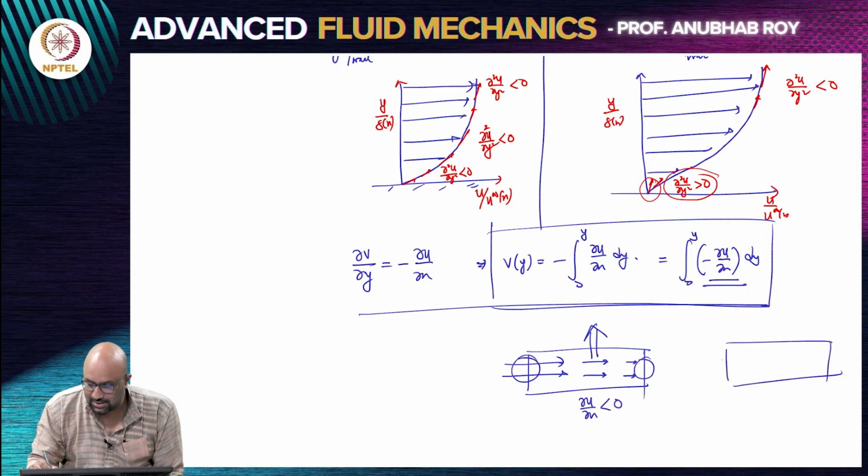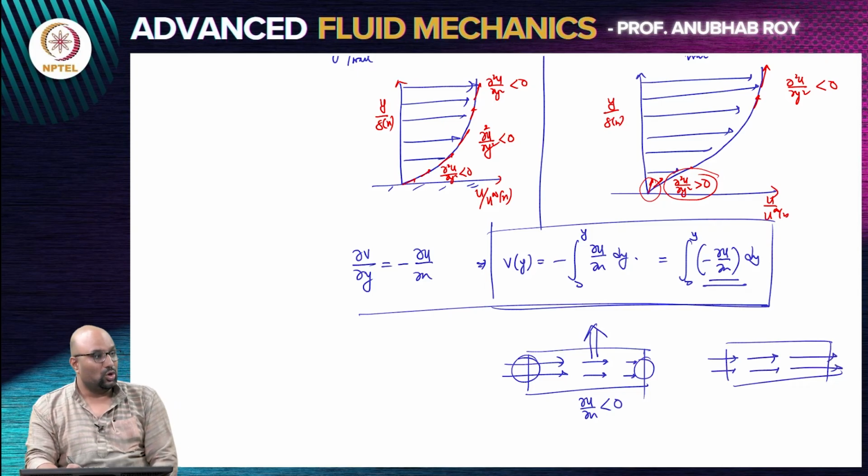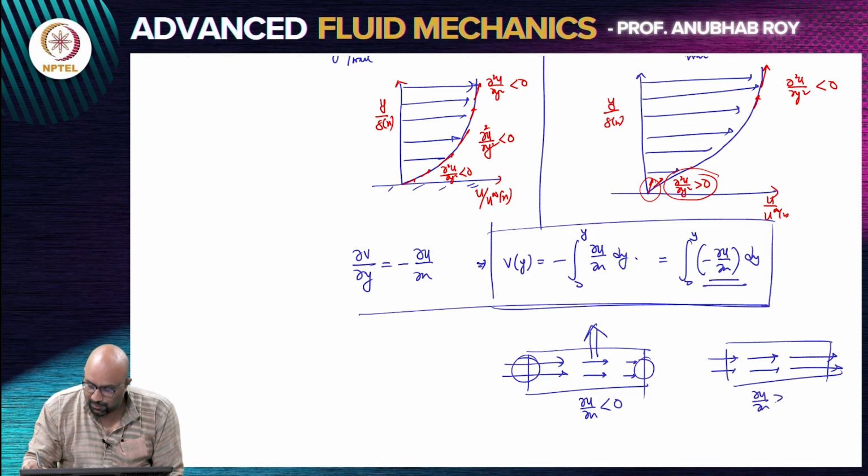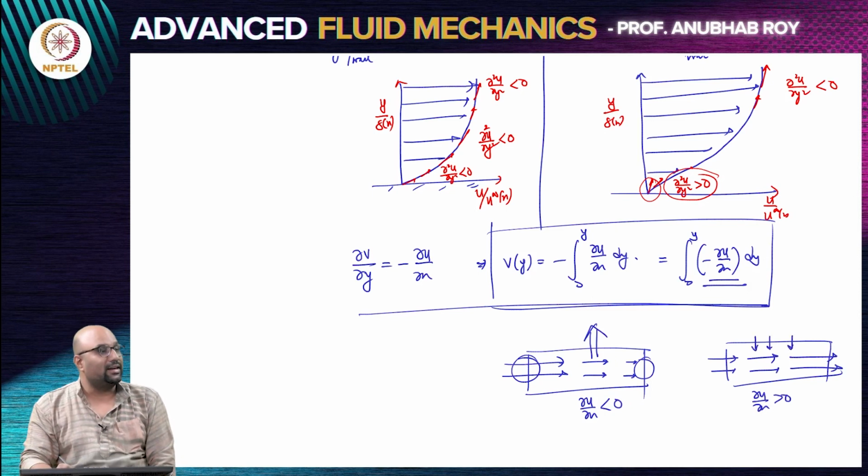In contrast, if you have the streams getting faster, you have an accelerating flow, ∂u/∂x is positive, then this requires fluid to be sucked in, right? This has nothing to do with any asymptotics or any other complicated ideas. This is just plain mass conservation.